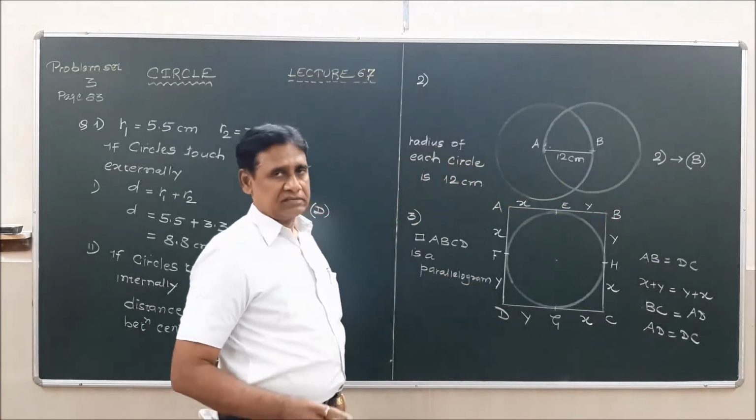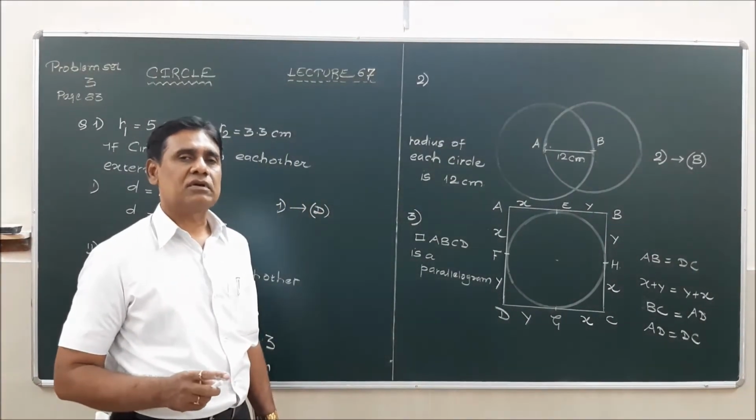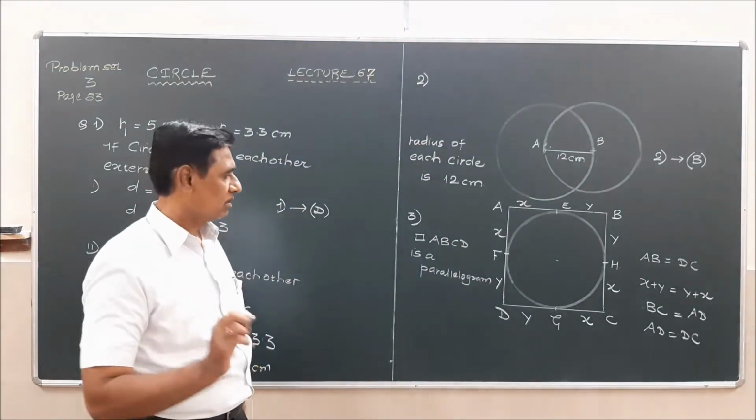If adjacent sides of a parallelogram are congruent, then that parallelogram becomes a rhombus. That is very, very important to understand.